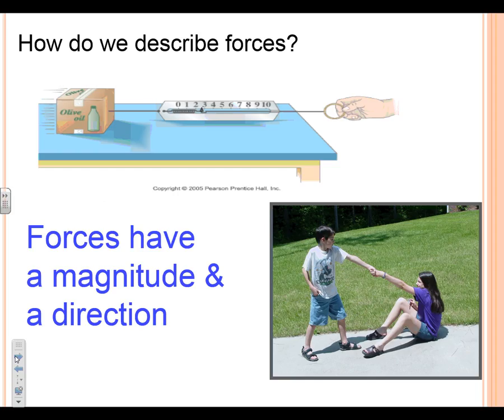So how do we describe forces? Well, forces are vectors. Vectors have a magnitude and direction, which means we're going to draw them as an arrow. And they're going to have a tip and a tail, and we can have them in the same plane with each other, and we can add them, and we can have resultants, and we can have them on different planes. And if we have them on different planes, then we'll end up having to look at a resultant that has an angle with it.